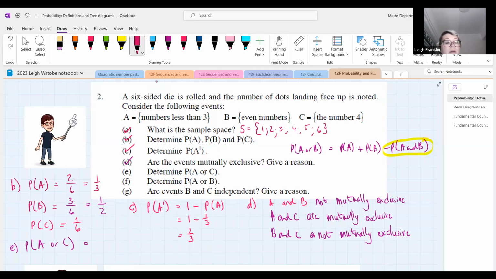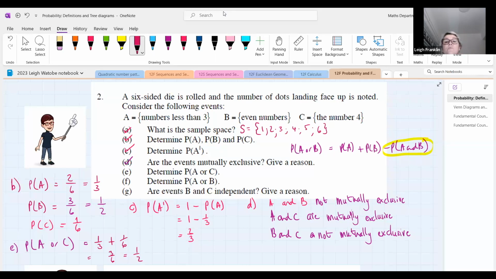So that would be 1 in 3 plus the probability of C occurring, which was 1 in 6. Okay, so that would give us 3 out of 6, which is 1 out of 2.